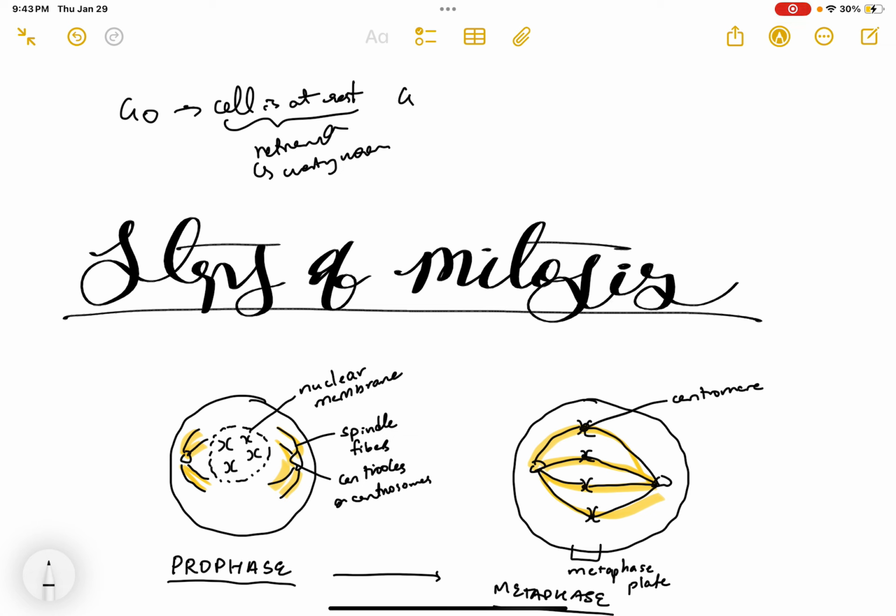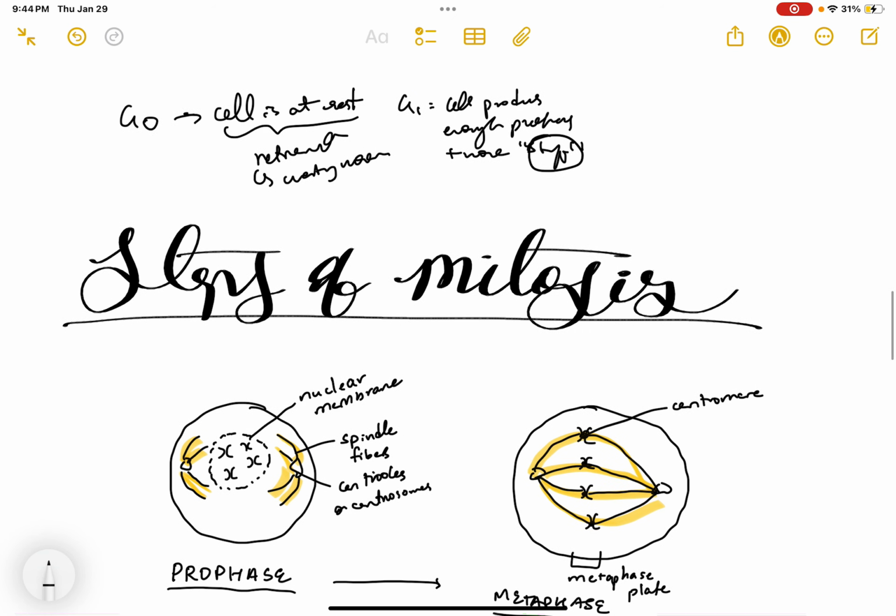Then there's the G1 stage, where G stands for growth, so growth 1. In this stage, the cell produces enough proteins and more, in order for cell division to successfully occur, enough for the two cells that are produced as a result of mitosis.